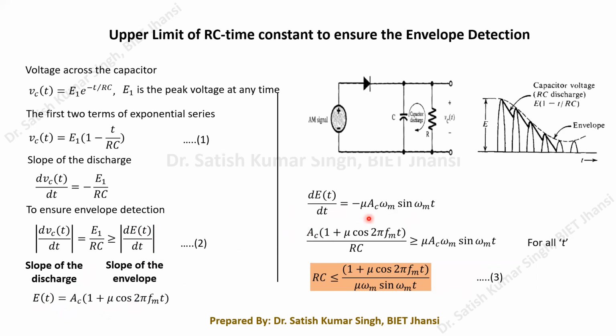Now, once we calculate this slope, we can write this expression for all time t. As I said, this e(t) represents the peak value of the envelope at any time instant t equals to, let us say, t1 or t0 or t2, whatever.